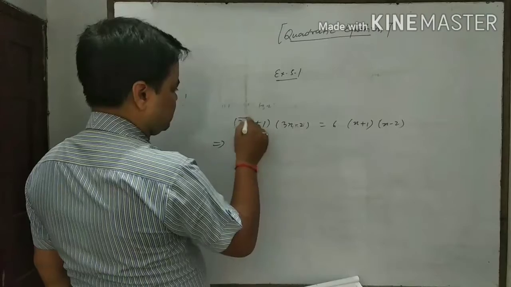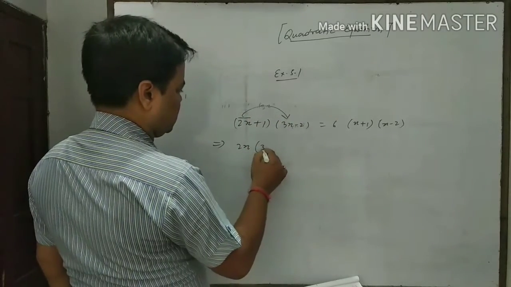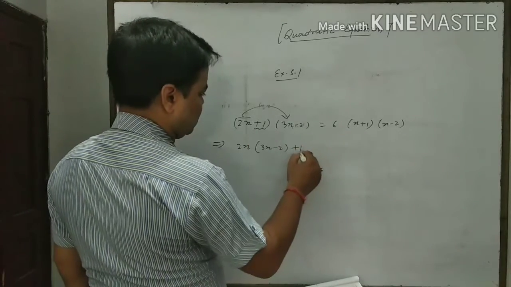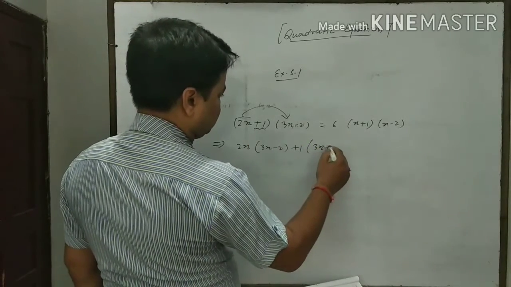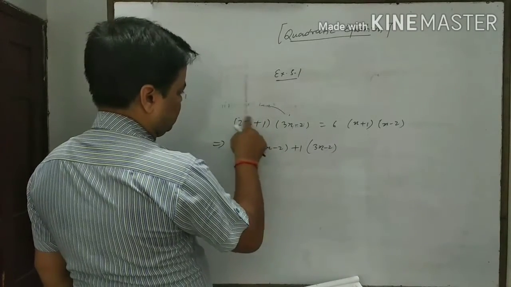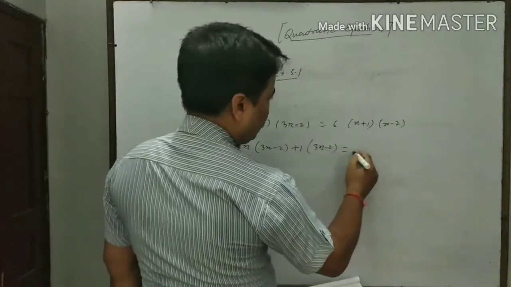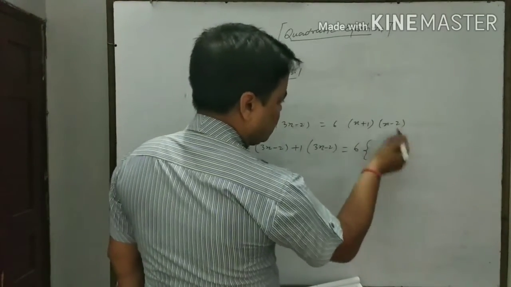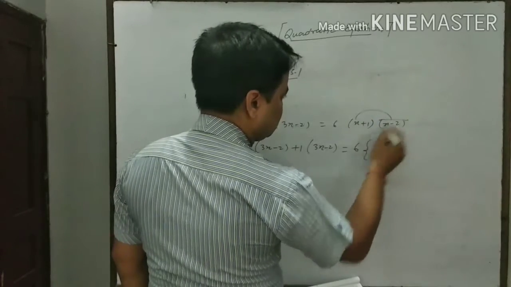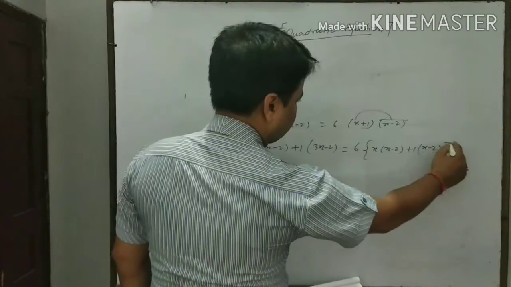Here 2x is multiplied to this value, 2x times 3x minus 2, again plus 1 multiplied to 3x minus 2. We can multiply like this, which is equal to 6x multiplied to x minus 2, and again plus 1 times x minus 2.